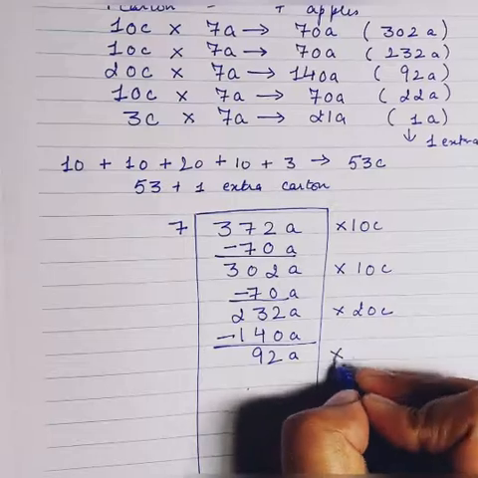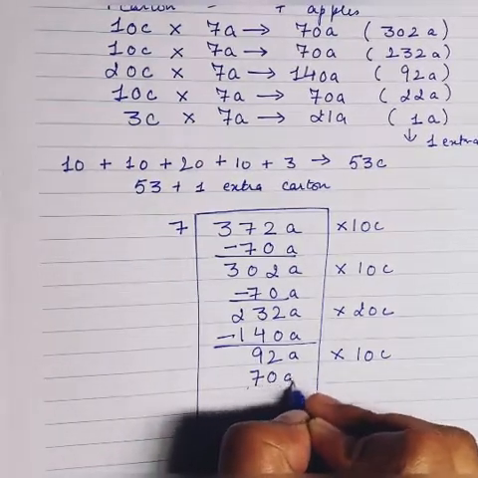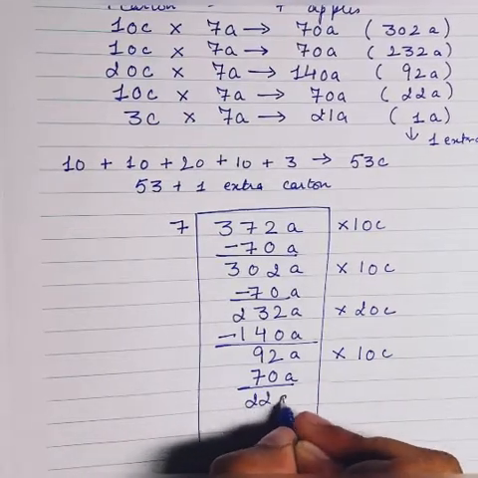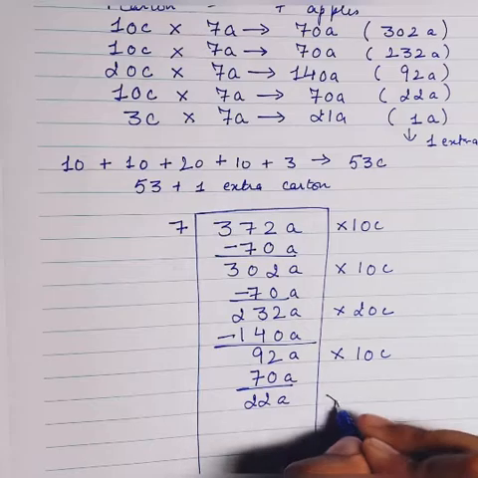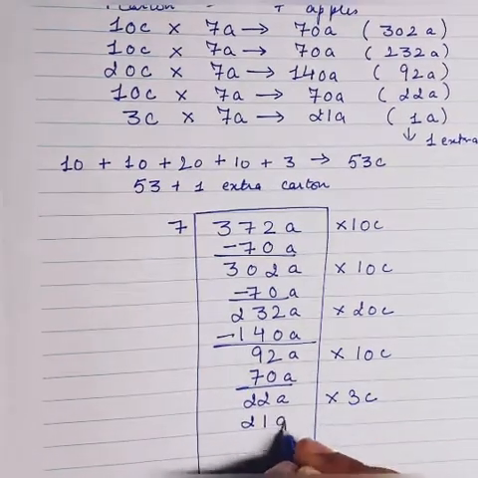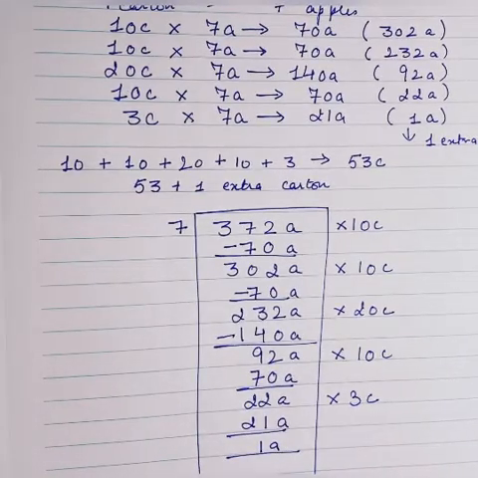We know we can use 10 cartons again, packing 70 apples. Now we'll be left with 22 apples, and let's finally use 3 cartons and pack 21 apples. We'll be left with 1 apple, for which we are using an extra carton.